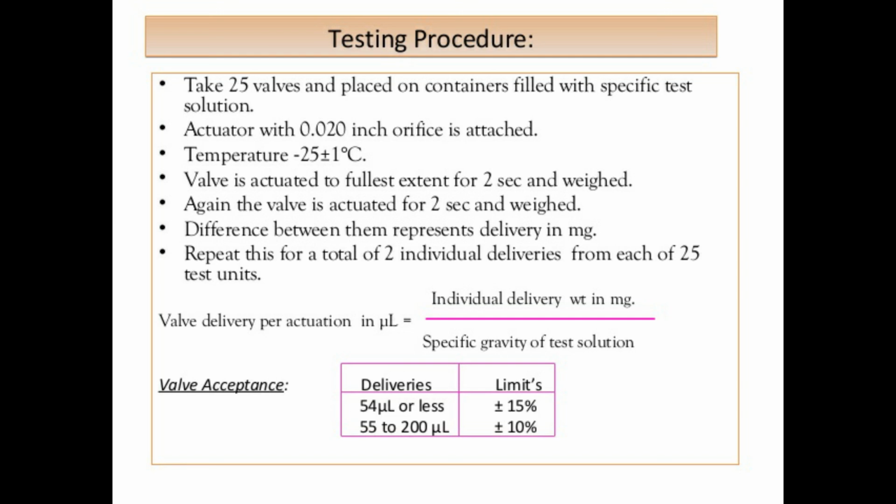If 3 deliveries are outside limits, another 25 valves are tested. The lot is rejected if more than one delivery is outside the specifications. If 2 deliveries from one valve are beyond limits, another 25 valves are rejected. So the lot is rejected if more than one delivery is outside specification.